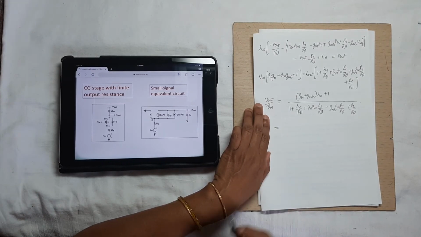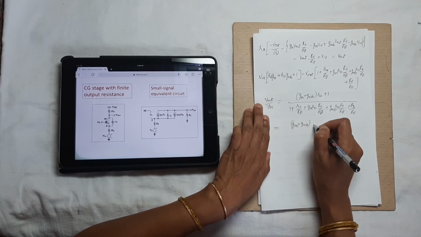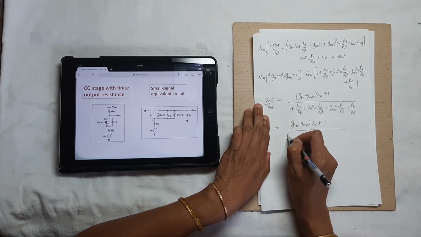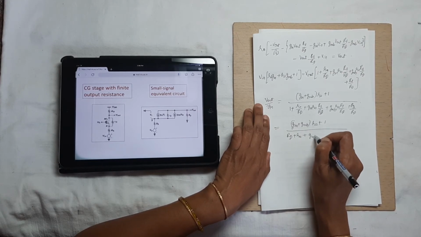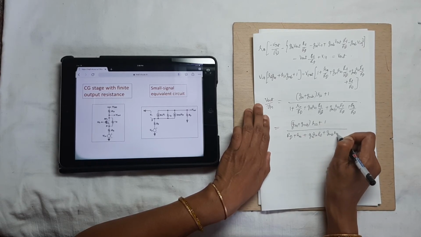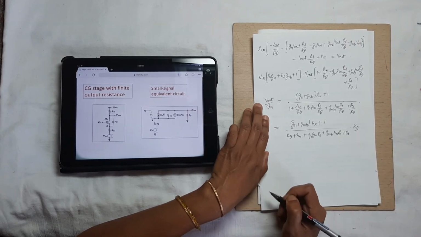This can be simplified as GM plus GMB RO plus 1 divided by, taking RD as LCM, RD plus RO plus GM RO RS plus GMB RO RS plus RS, multiplied by RD.